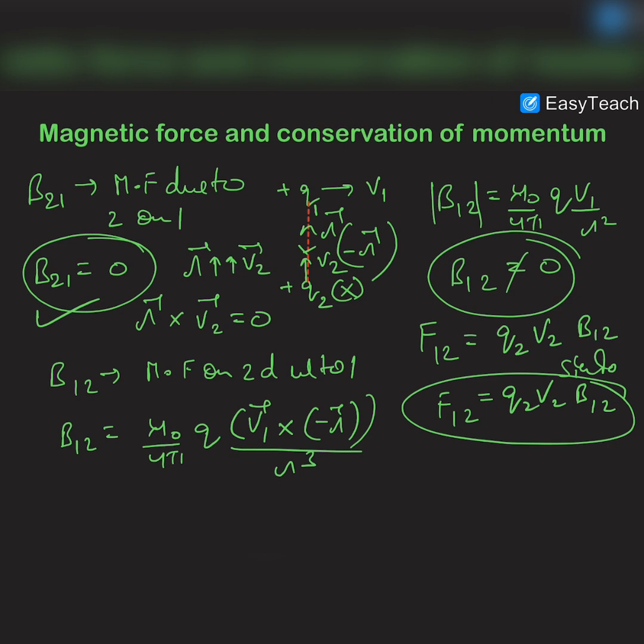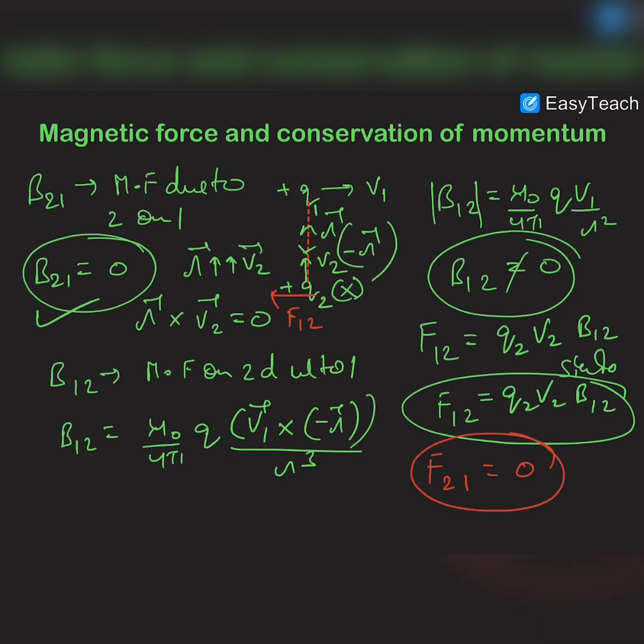By using Fleming's left hand rule you can predict the direction of force, and the direction of force will be like that, F12. The magnitude of force on 1 due to 2, F21, is 0, because there is no magnetic field acting on Q1.